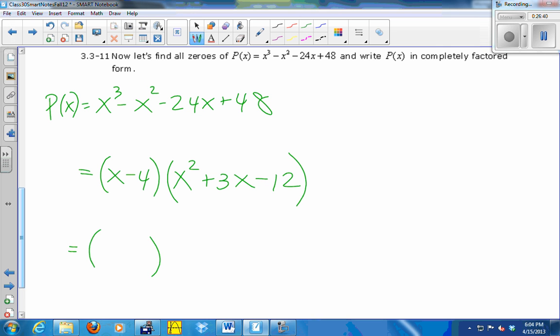So I've got two unknown linear terms. I can use my factor theorem to find them, because if I know the zeros of that thing, then I'll know its factors. So I want to find the zeros of x squared plus 3x minus 12.